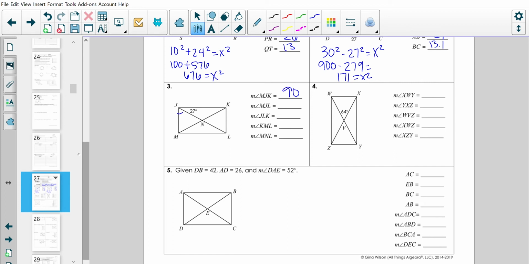MJL, we're finding this one. How do I do that? 90 minus 27. What do you get? 63. And JLK, 63.